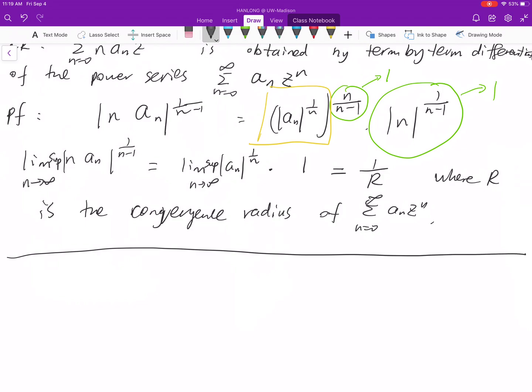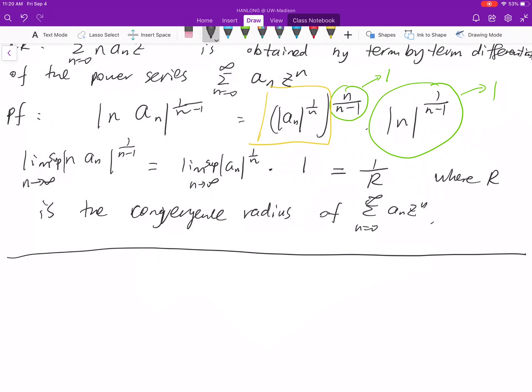Of course, then you can take the derivative again, and the good part is they share the same convergence radius. And the reason why we care about the convergence radius is because within the convergence radius, within the disk of smaller radius, the power series is uniformly convergent.